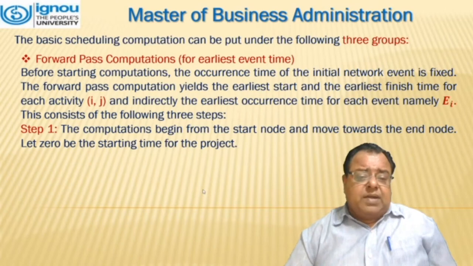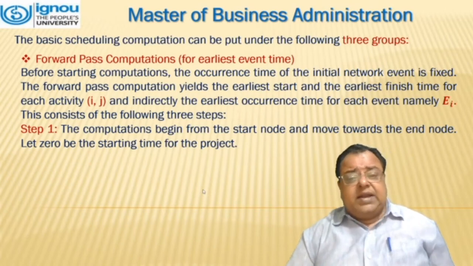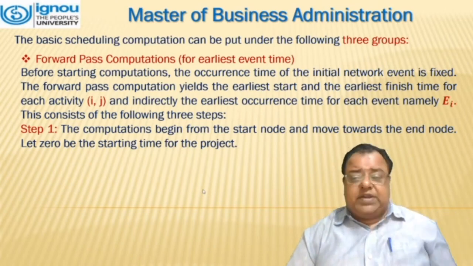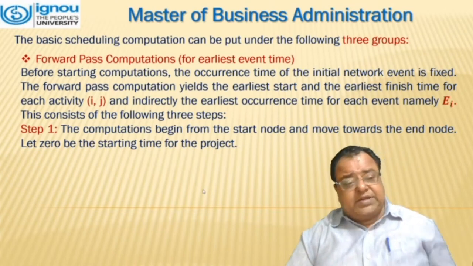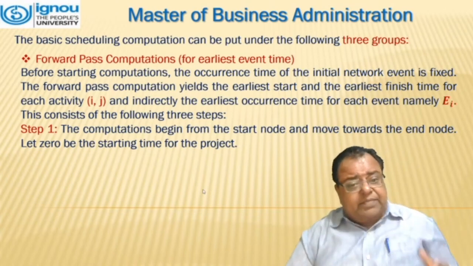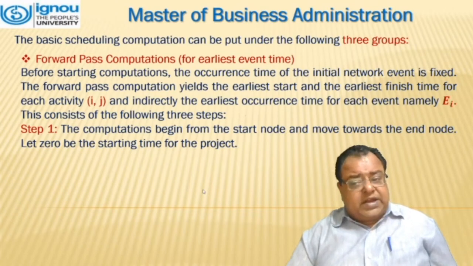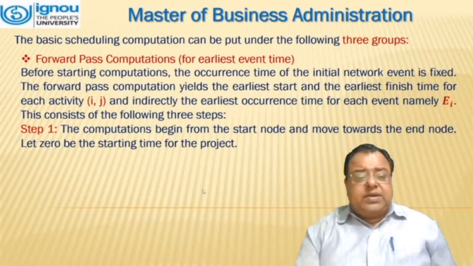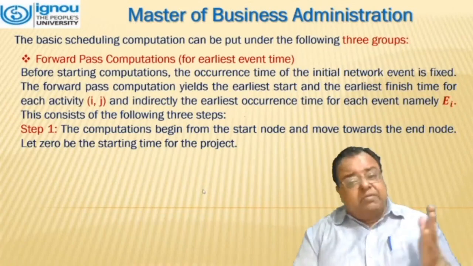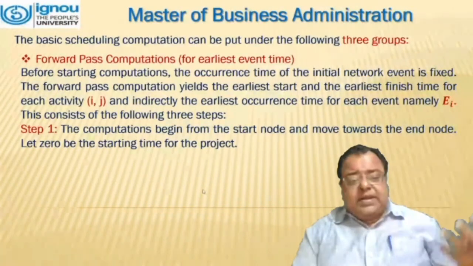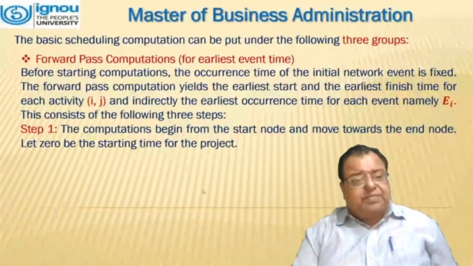The forward pass computation yields the earliest start and the earliest finish time for the activity ij, and indirectly the earliest occurrence time for each event. Computation begins from the start node and moves towards the end node. Let 0 be the starting time of the project.